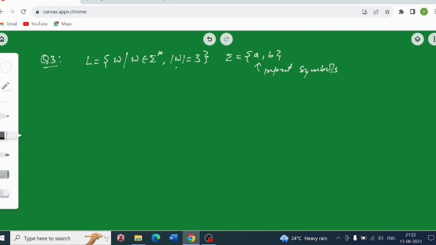According to the condition, the string length is exactly 3. So this L is finite and will have a finite number of strings, and all strings are of length 3. That is, the language will have the following strings, or a combination of them.